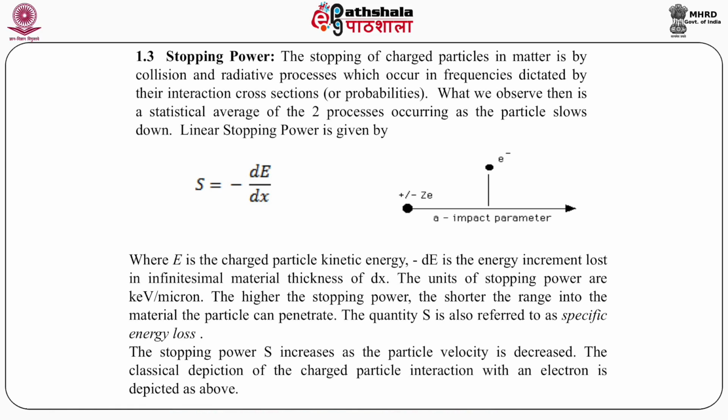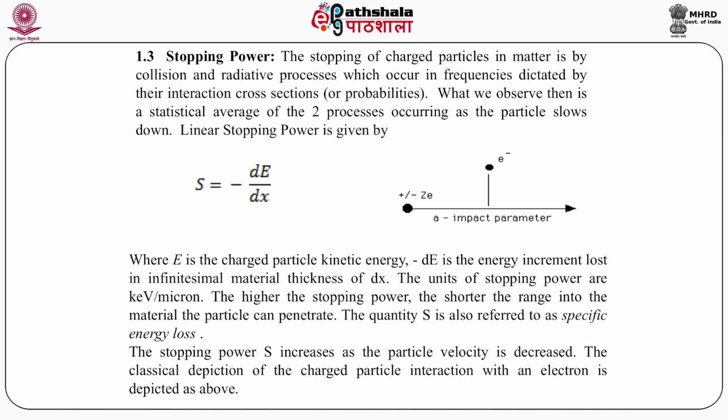Linear stopping power is given by this mathematical expression: S is equal to minus dE by dx, where E is the charged particle kinetic energy, and minus dE is the energy increment lost in an infinitesimal material thickness of dx.